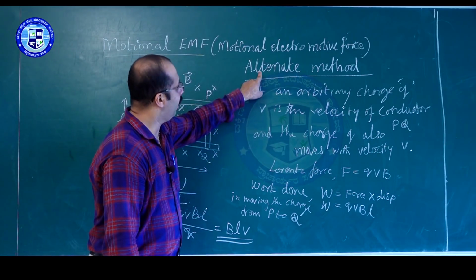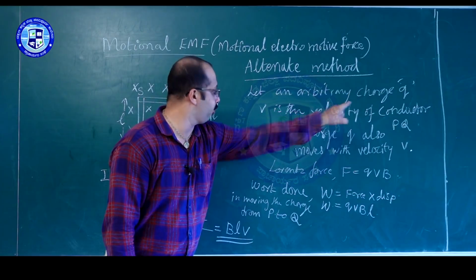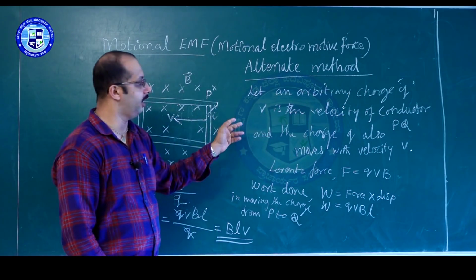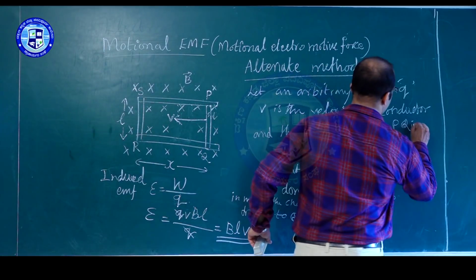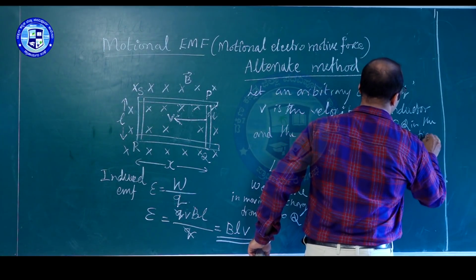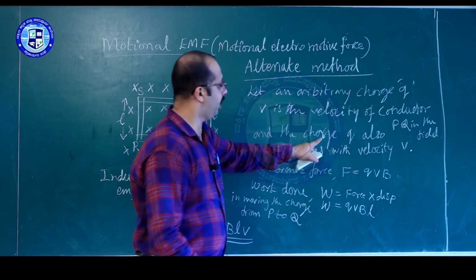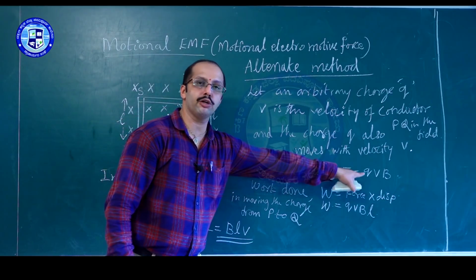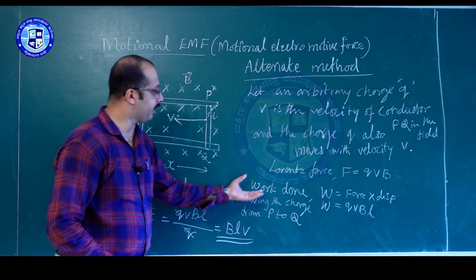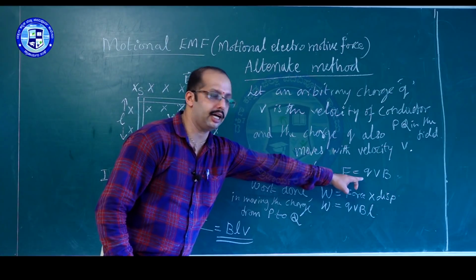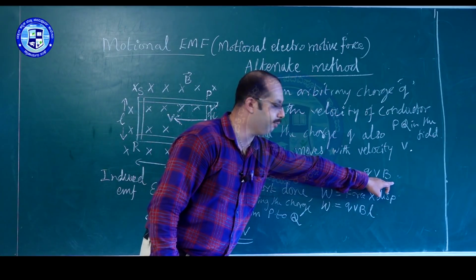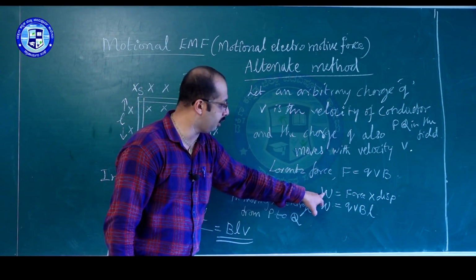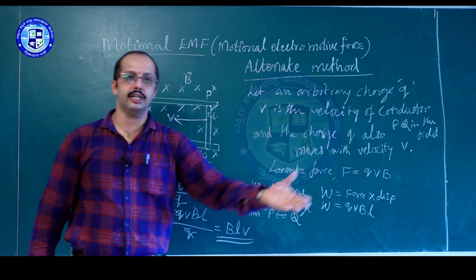In this alternate method, for an arbitrary charge Q, V is the velocity with which the conductor PQ moves in the uniform magnetic field, and the charge Q also moves with velocity V. The Lorentz force expression is F is equal to QVB. So work done W is force into displacement, which you already studied in first PUC.